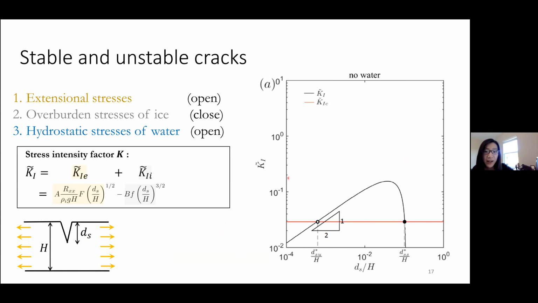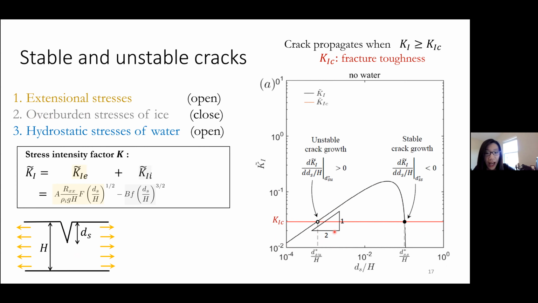The stress intensity factor is related to how fast the elastic strain energy is released as the crack propagates. This black curve is the stress intensity factor calculated from the contribution of the extensional stress and the overburden stresses of ice. A crack can only grow if the black line is above the red line, which is the fracture toughness, a property related to the energy required to break the ice.